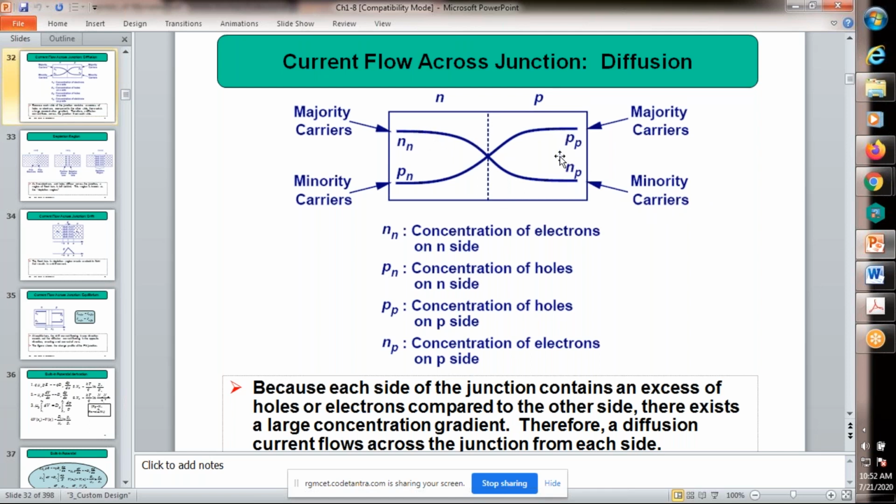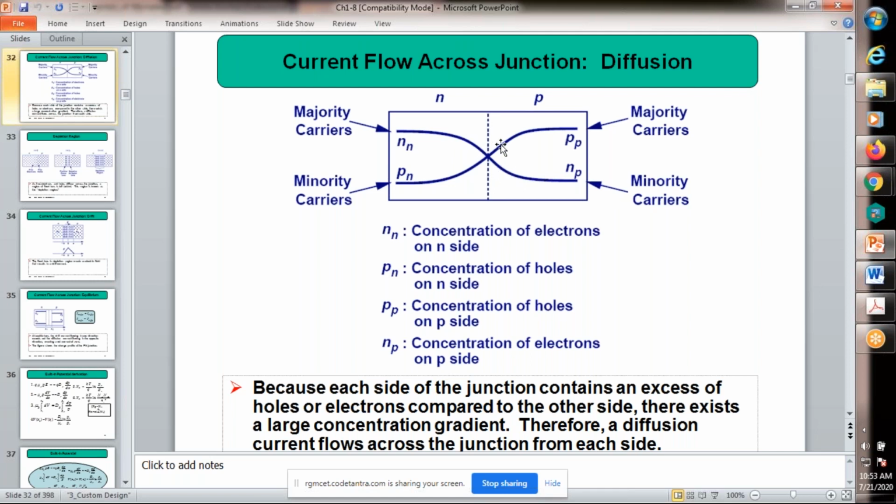Now once the junction is formed, observe that on the P side holes are the majority, and on the N side holes are the minority. Due to this concentration gradient, diffusion current flows: holes from the P side to the N side, and similarly electrons from the N side to the P side.